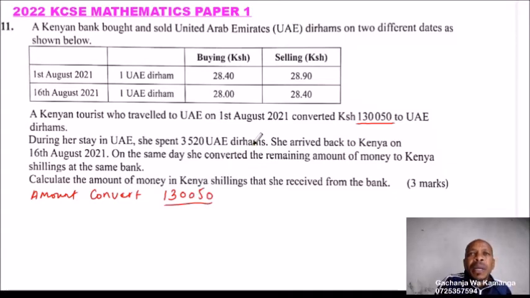When you are in the bank and you are converting, the bank is selling the UAE dirham to you. So you divide your money by the selling price, that is 28 shillings and 90 cents. And when you divide that using your calculator, you get 4,500 dirhams.